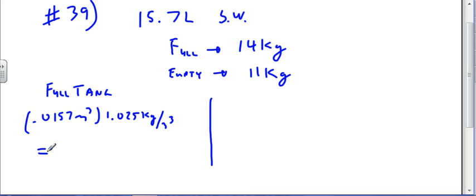Okay, so when the tank is full, 0.0157 times 1025, I have 16.09 kilograms of seawater displaced.